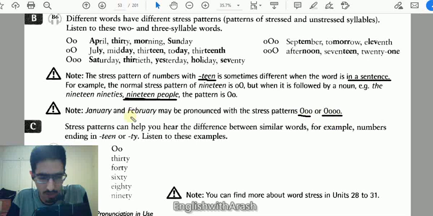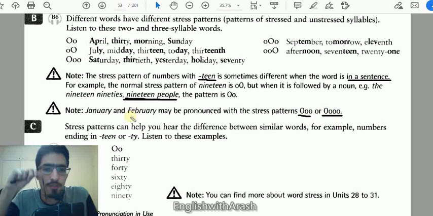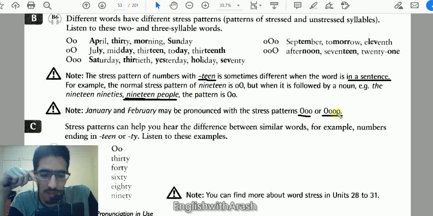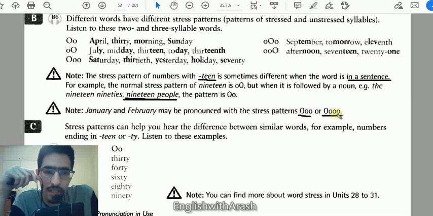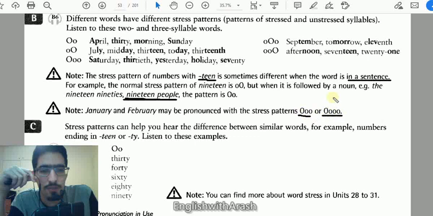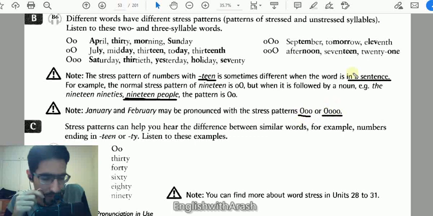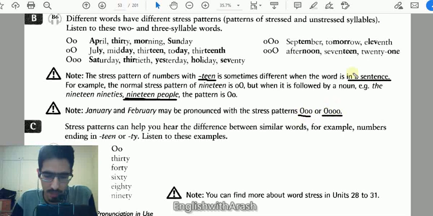So that's why in the book you see it says February and January, they can be this way or this way. But anyway, stress is still on the first part. So this one is the 4. This one is the 3. So easier. So both of them are actually correct. So let me go to the next part.